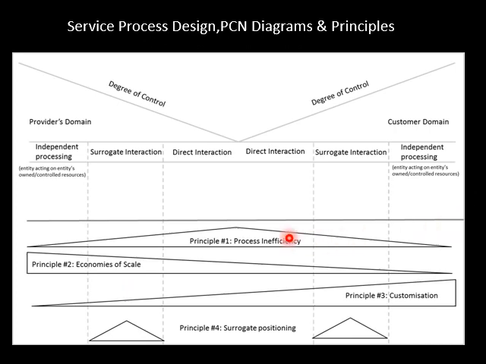The implications of this, and this is exactly the same diagram, is that as you move to independent processing, the customer gains more control. As you move to providers independent processing, the provider gains more control. So this is economies of scale are very high.